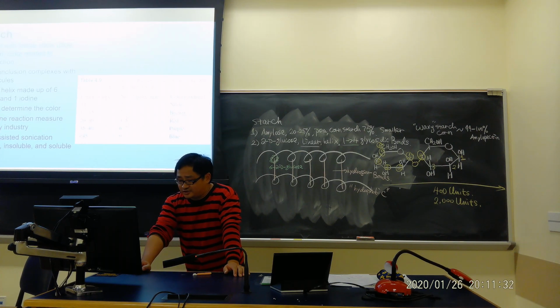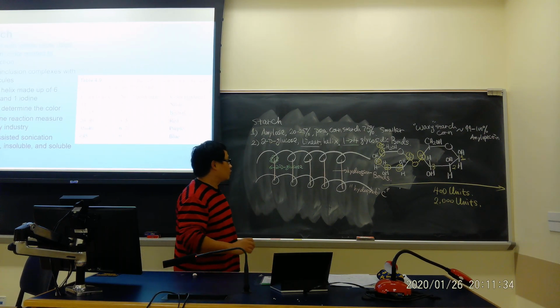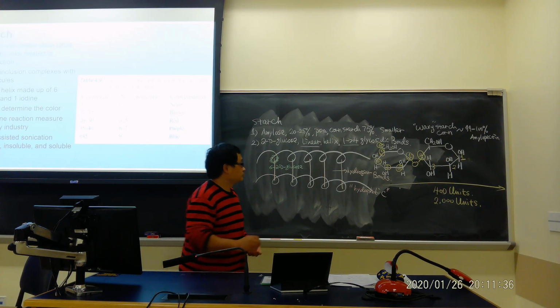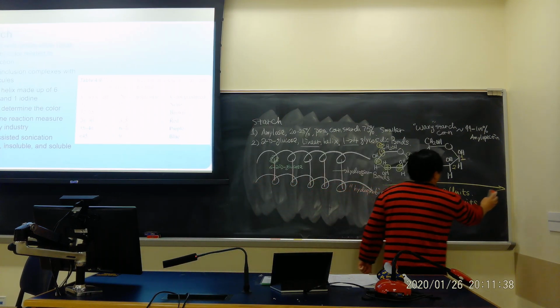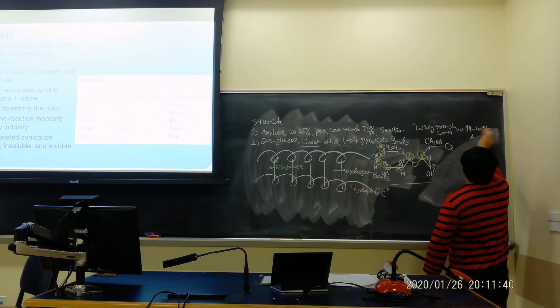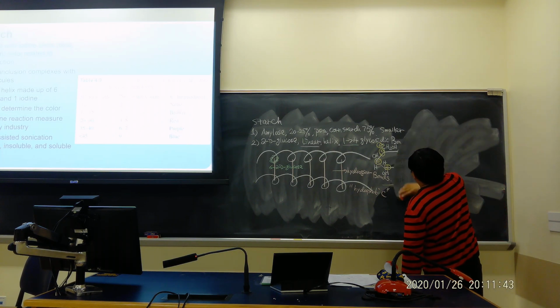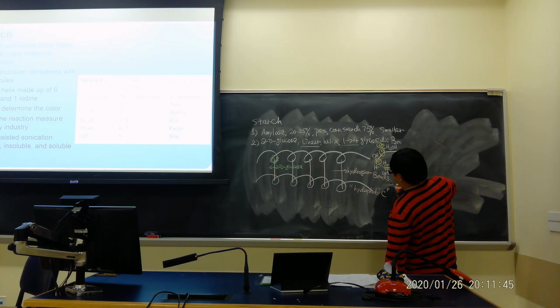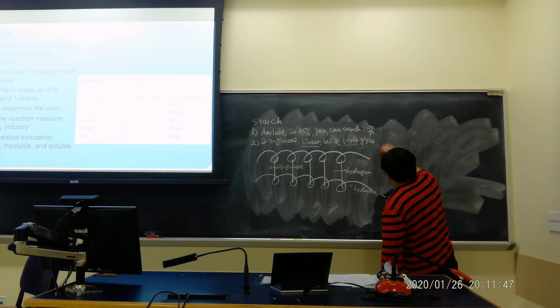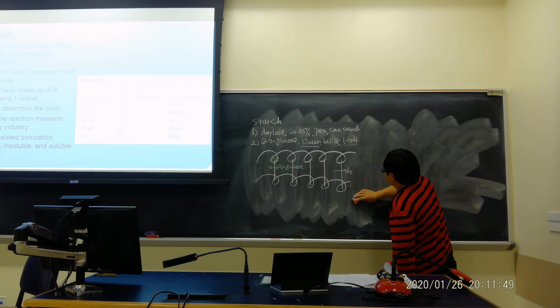Okay, next slide, we talk about one of the obvious phenomena. I'm not sure if you still remember it from the class, general microbiology. Some of you didn't take it, some of you took it.